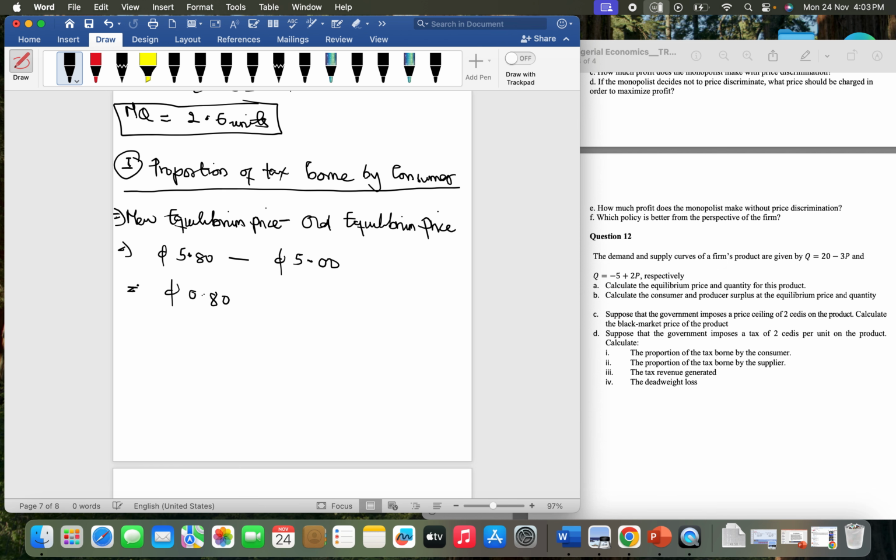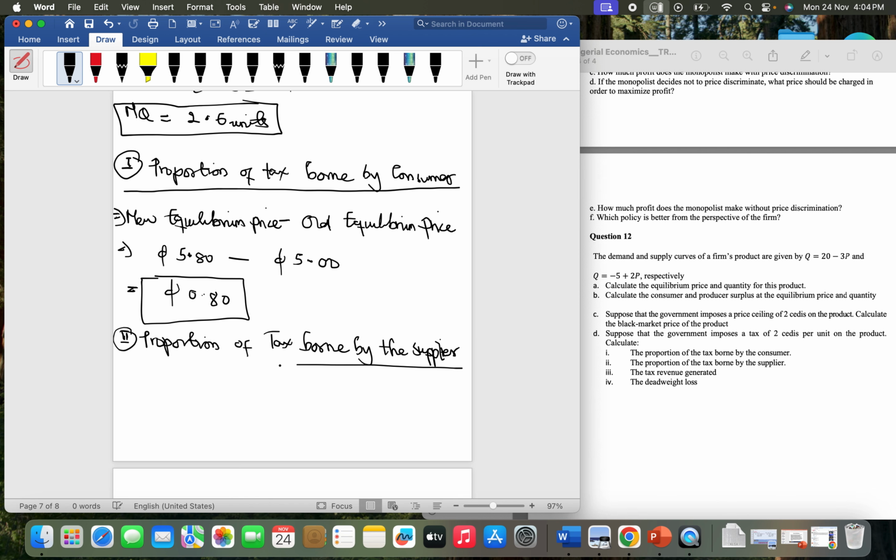So 0.80 is the proportion of tax borne by the consumer. Now the second part is the proportion of tax borne by the supplier. It is the tax that was given in the question minus the consumer's share of tax.